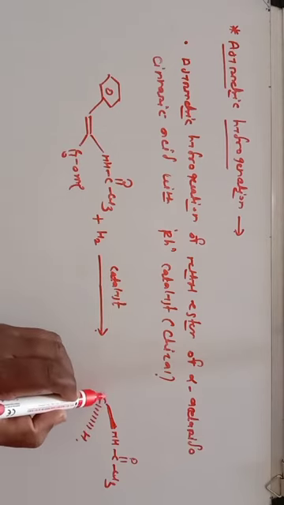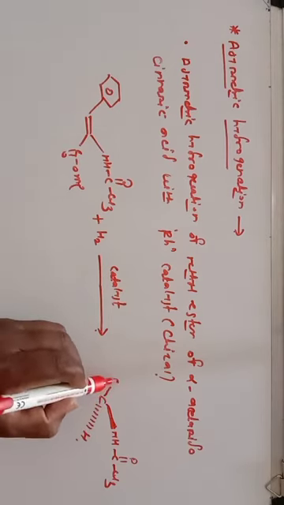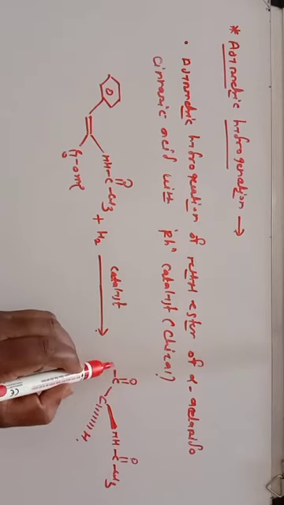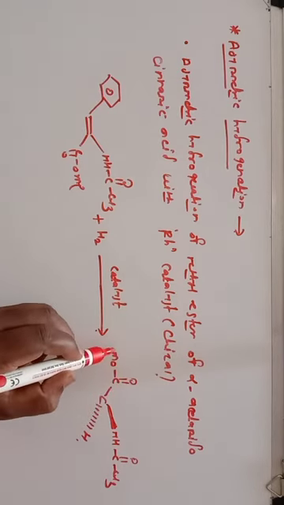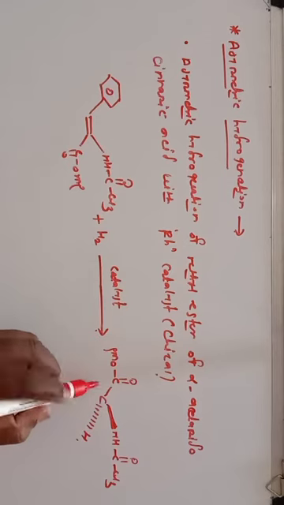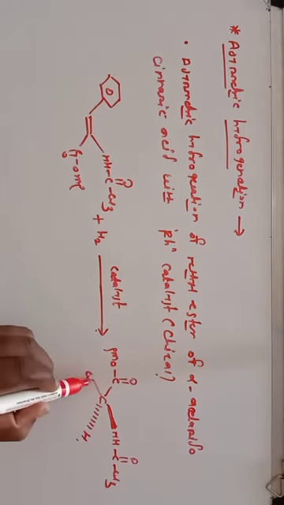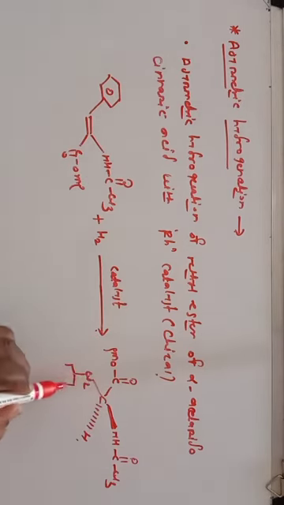Then here C double bond O Me is there, and here we get CH2, this phenyl. So formation of a chiral compound with the help of a chiral catalyst is known as asymmetric catalysis.